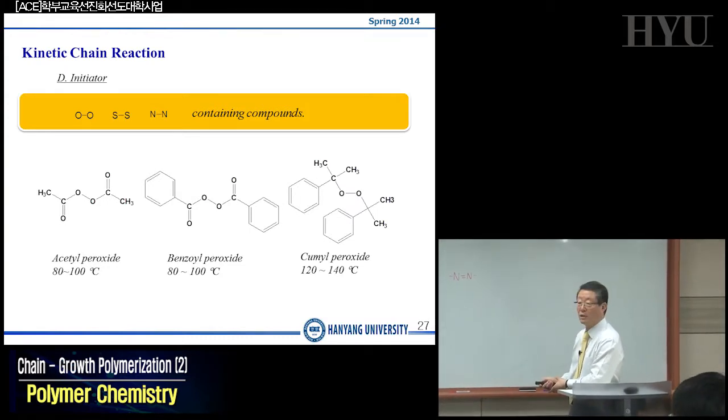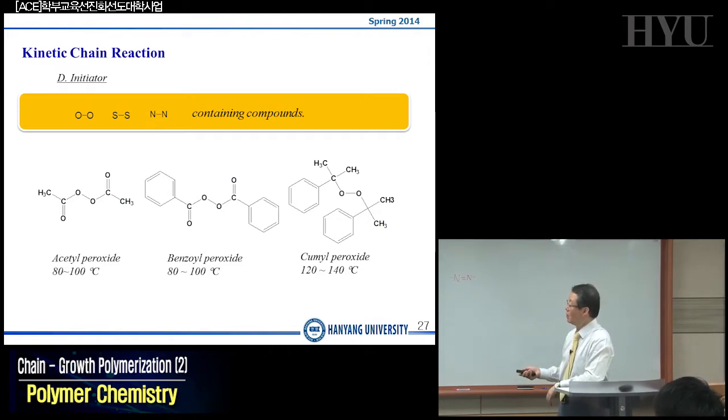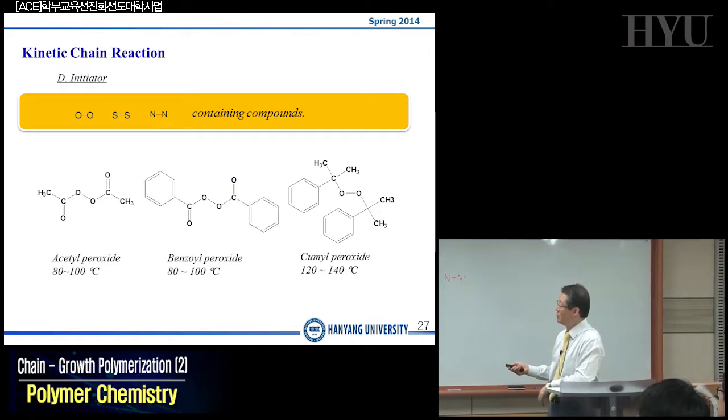For example, I think we saw one of the initiators called AIBN, azoisobutyronitrile. But what about the peroxide-containing initiators? We have acetyl peroxide. You have acetyl group. This is called the acetyl, CH3CO. You have two CH3CO with the peroxide group. Okay. So this is called the acetyl peroxide.